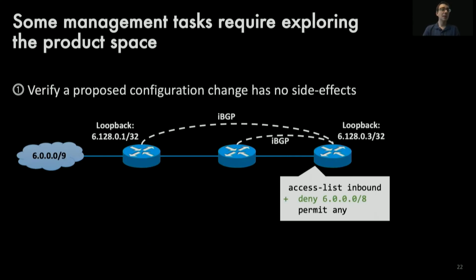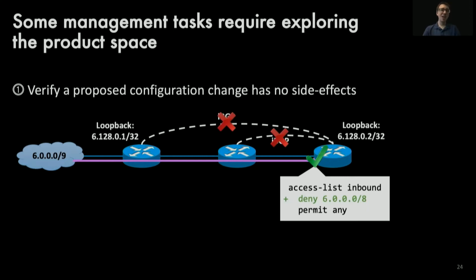For example, network engineers may be making a change to a packet filter to restrict access to the prefix 6/9, and they want to make sure that this has the intended effect, but also doesn't impact other traffic. Verifying this change has the desired effect only requires us to analyze the targeted prefix 6/9. But checking for unintended side effects is challenging because this change may impact seemingly unrelated header spaces.